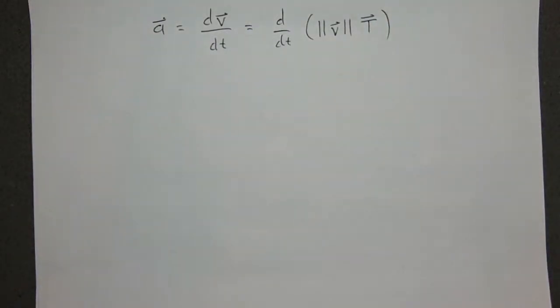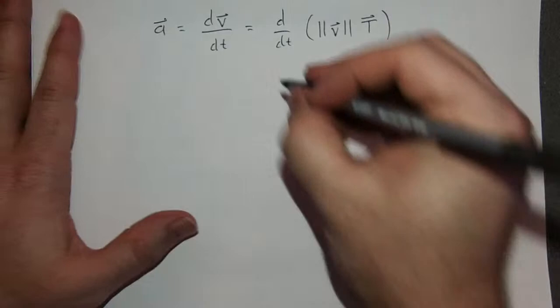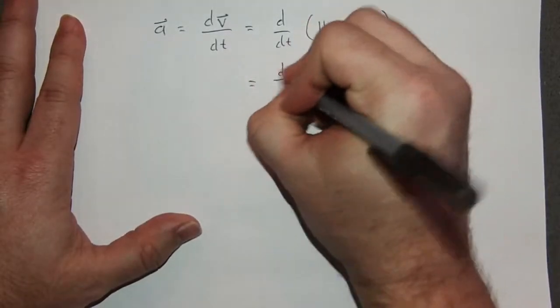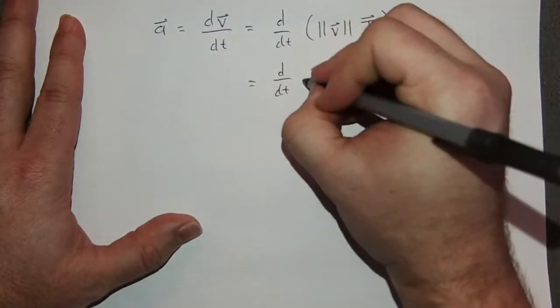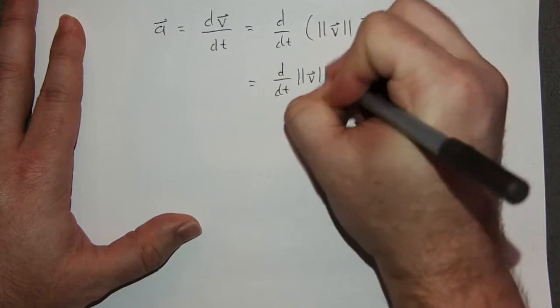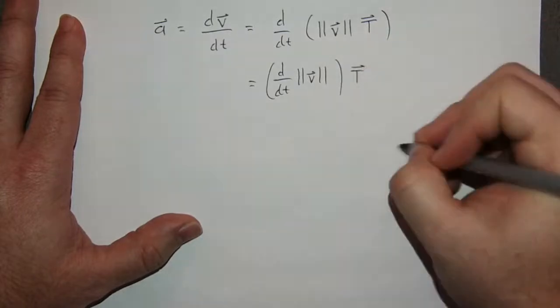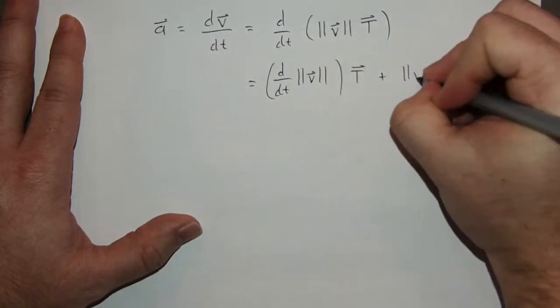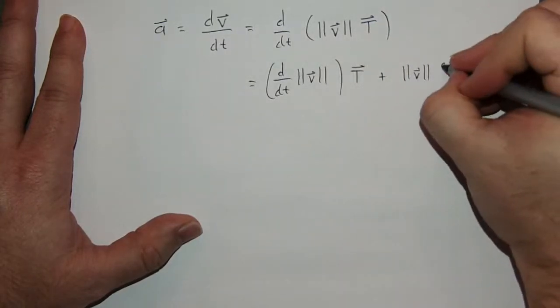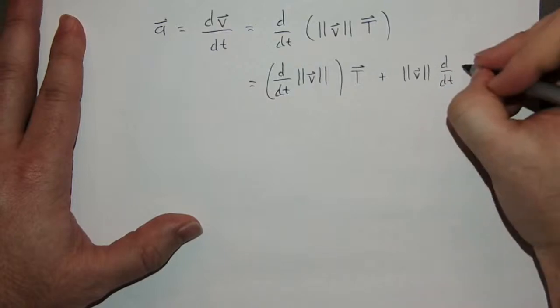Both of these things depend on t, typically. Right? And so I use the product rule here. So this is d/dt of the length of v times T, plus the length of v times d/dt of T.